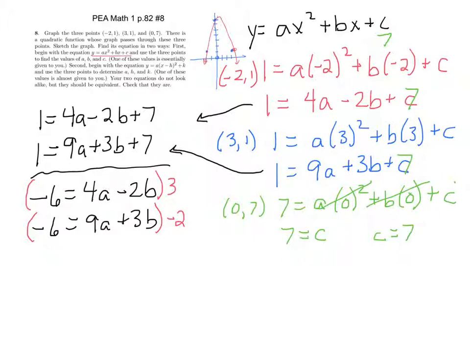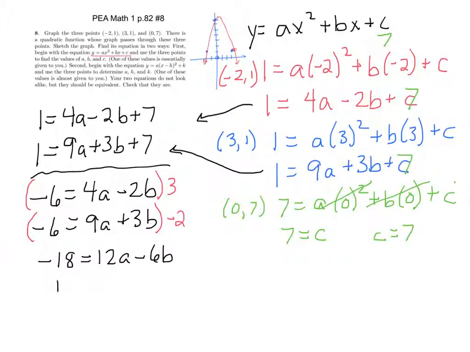When I multiply those out, I get -18 = 12a - 6b.